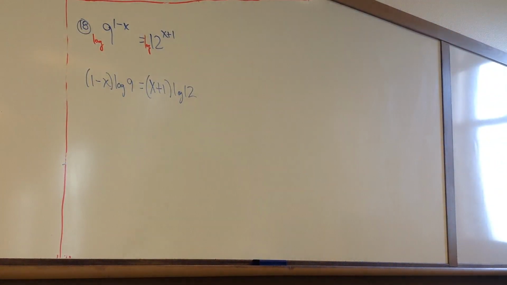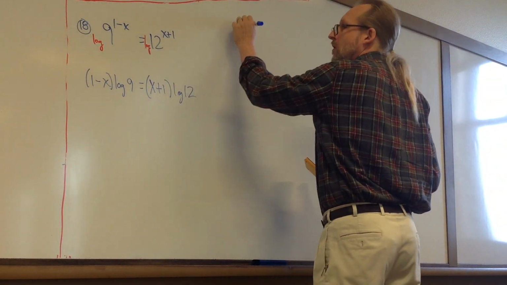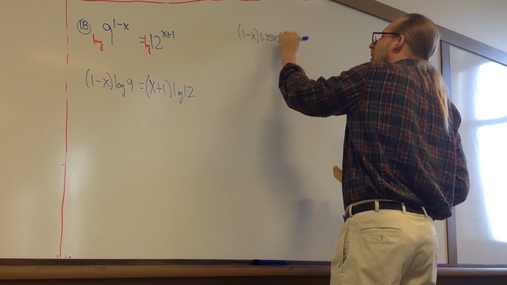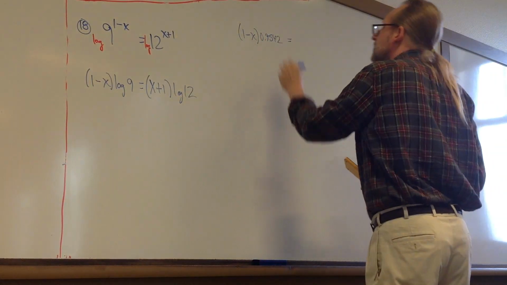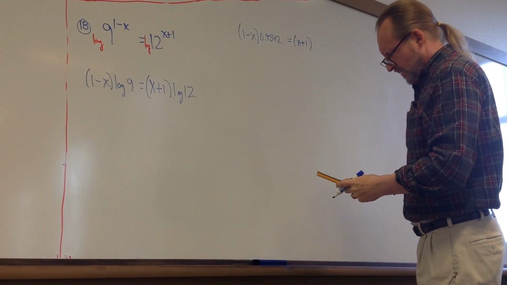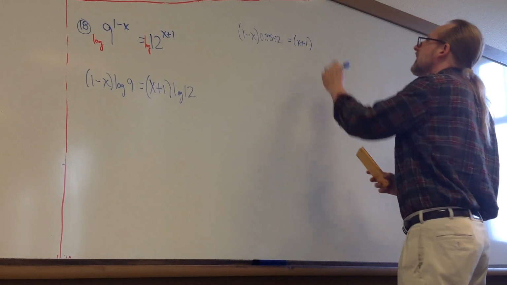Okay, well, let's get some good approximations here. Log of 9, 0.9542. And on the other side, log of 12, 1.0792.